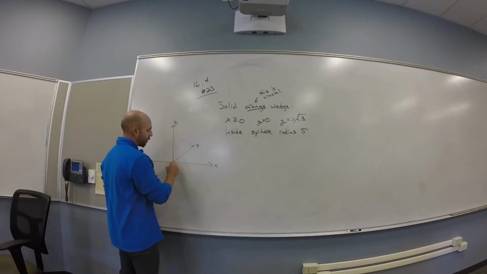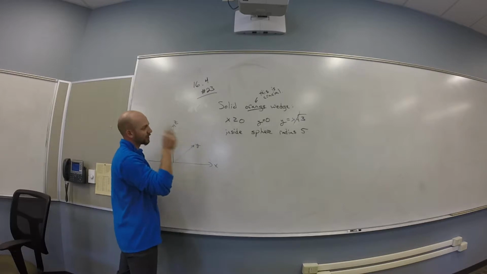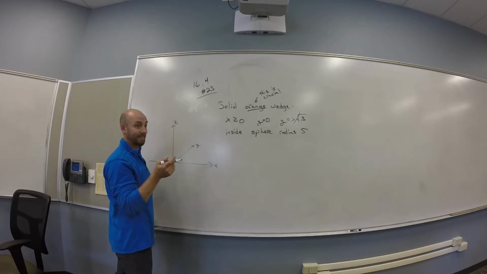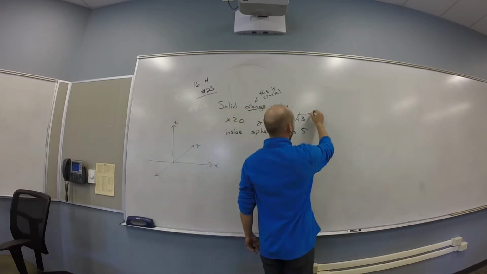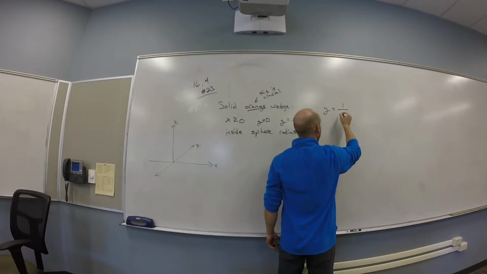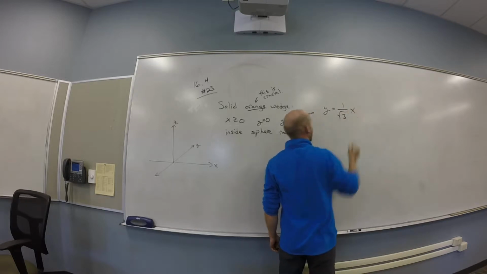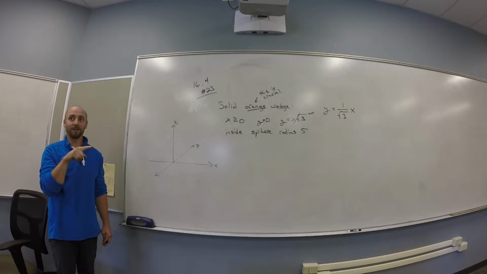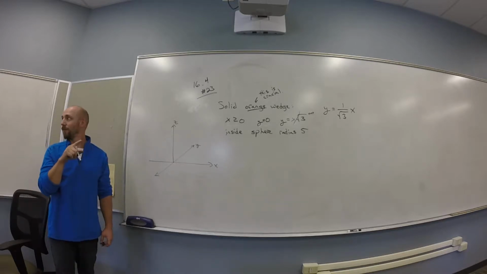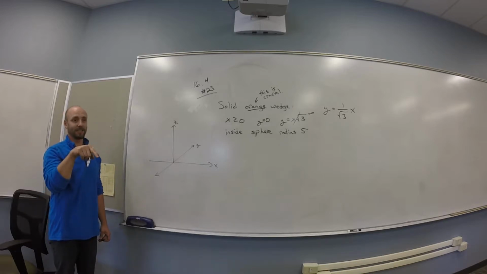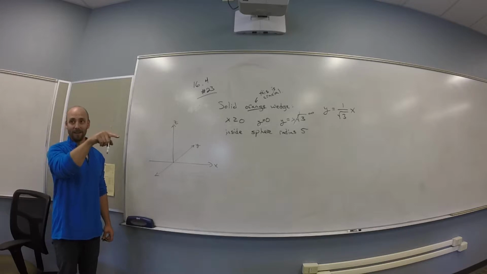So I should draw that, right? What's the slope on the line y is x over root 3? y is 1 over root 3 times x, so you go over root 3 in the x, and you go up 1 in y.